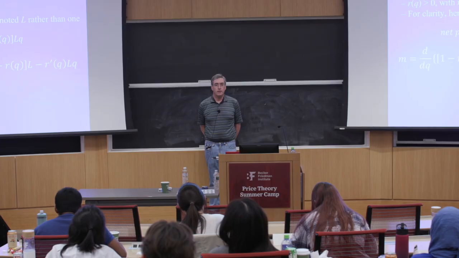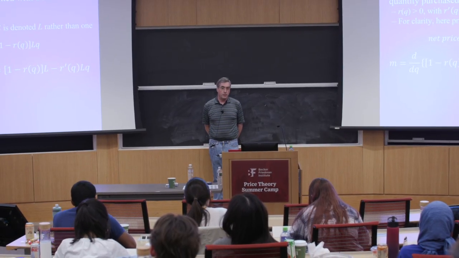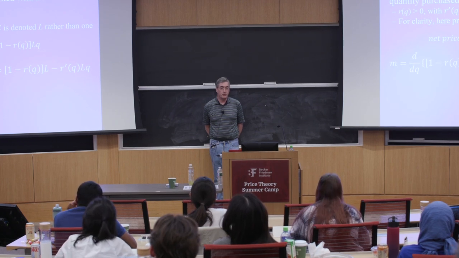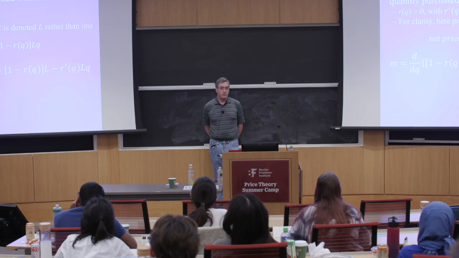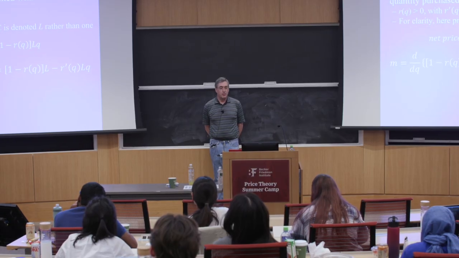So to get to your question, Peter, sometimes we have information about the net price. Sometimes we have information about the marginal price. Sometimes we have information about what the seller gets, what the buyer gets, what the buyer pays.